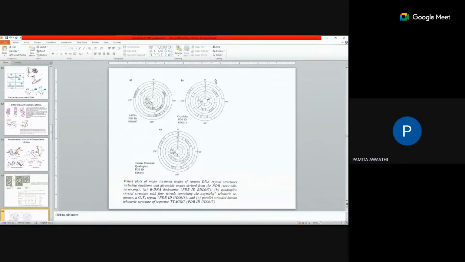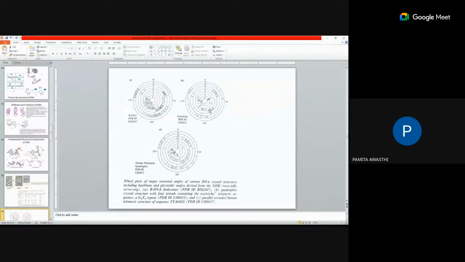They are there to compare the various dihedral angles for B-DNA and the 2-tetrad G-quadruplex DNA conformations.